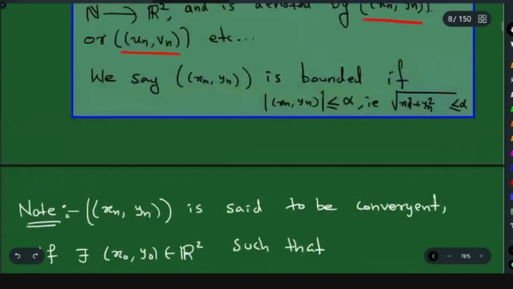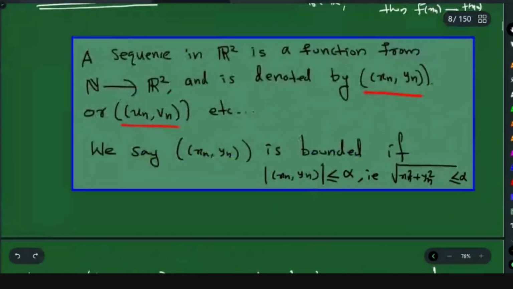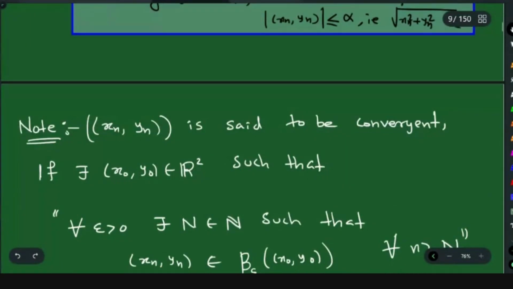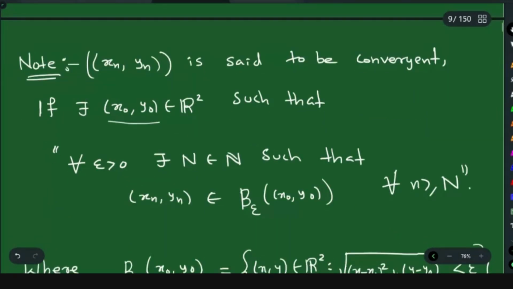So let us look at what we mean by convergence in R2. A sequence (xn, yn) is said to be convergent in R2 if there exists some point (x0, y0) in R2 such that the usual epsilon-N definition holds.